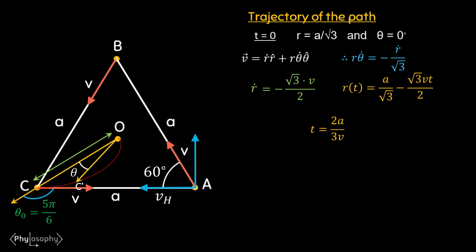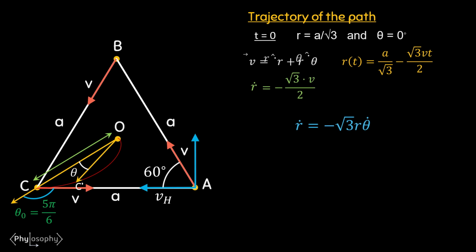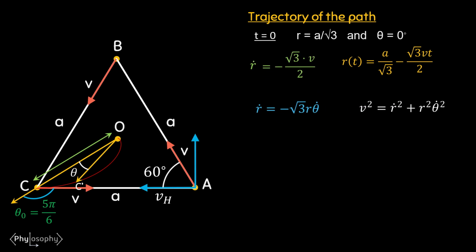Now to find the equation for theta, let's start with this expression. That is rθ̇ = -ṙ/√3, or this can be written as ṙ = -√3 rθ̇. Now if we replace this in the expression v² = ṙ² + r²θ̇², then we will have v² = 4r²θ̇², or we can write θ̇ = v/2r.